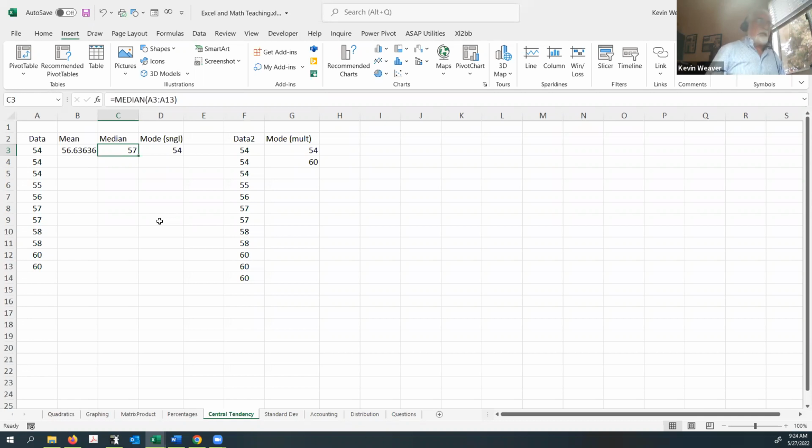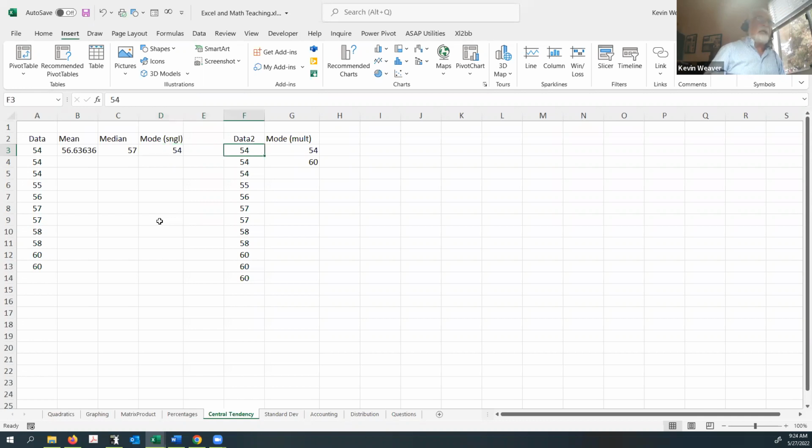There are two ways to calculate the mode. One way is if there is one mode, and that function is called mode.sngl for a single mode, the number that appears most frequently. In this case, it's 54.